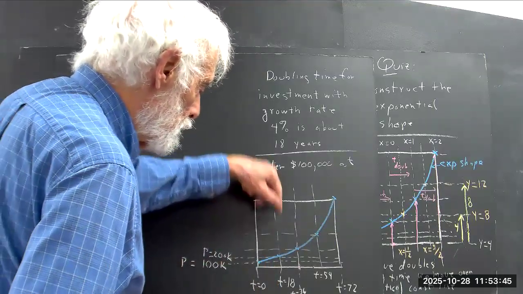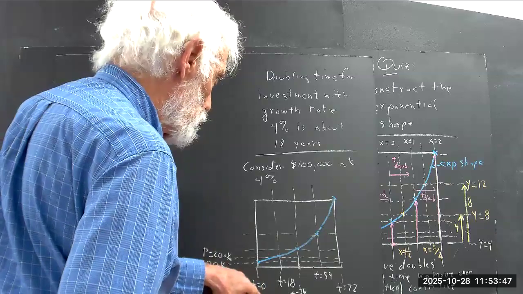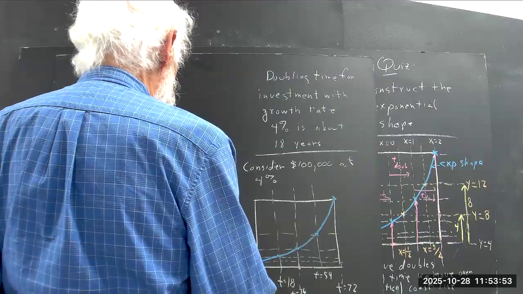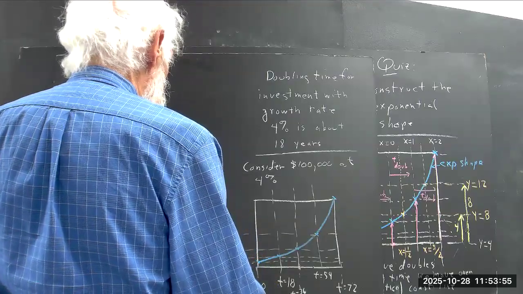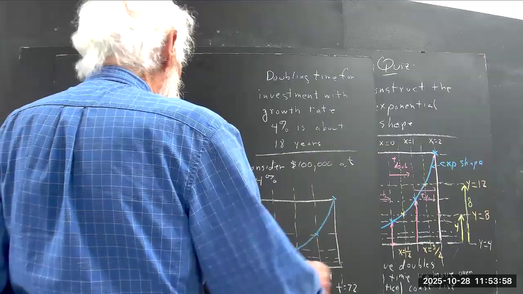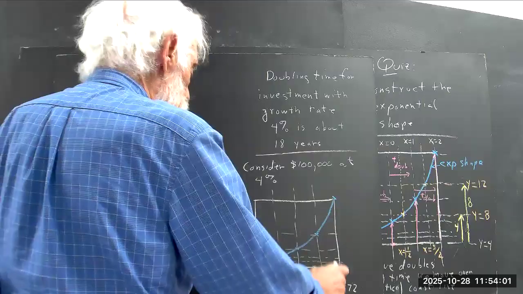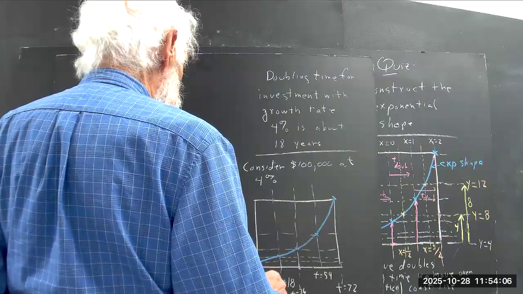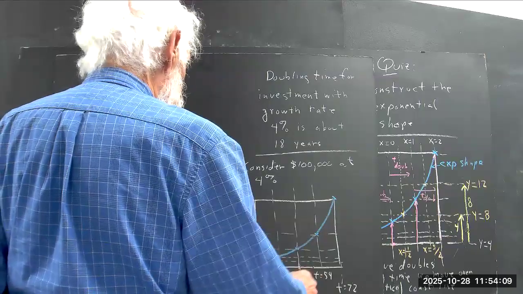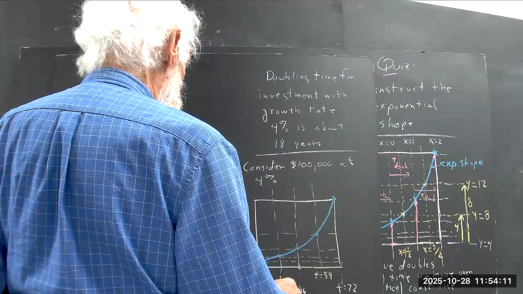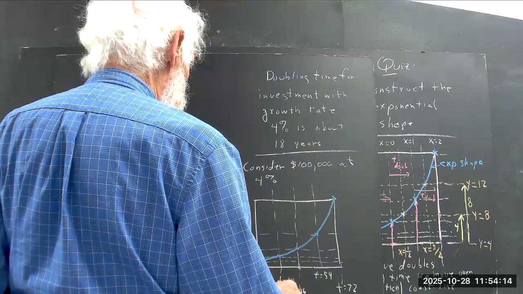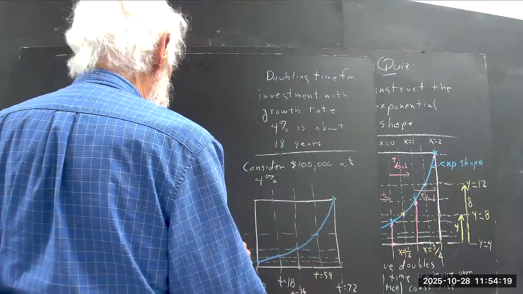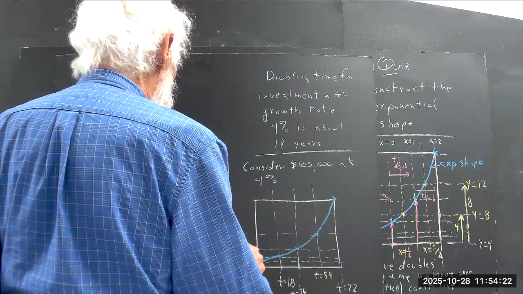From the left edge to the first construction line, in other words from t equals 0 to t equals 18, we go up to 200,000. Between t equals 18 and t equals 36, principal goes up to 400,000.